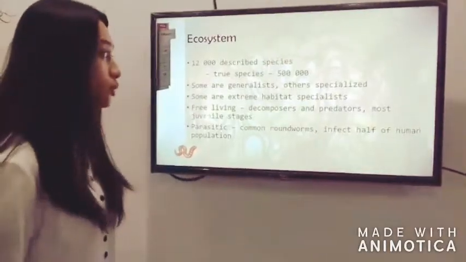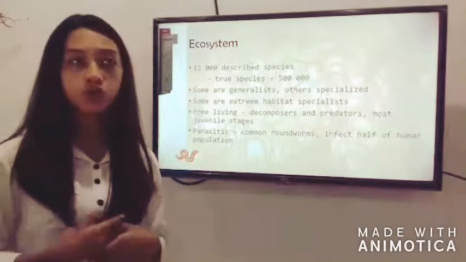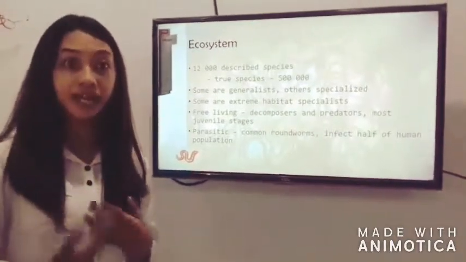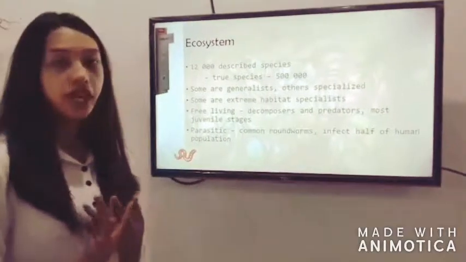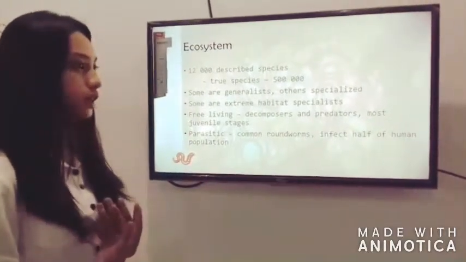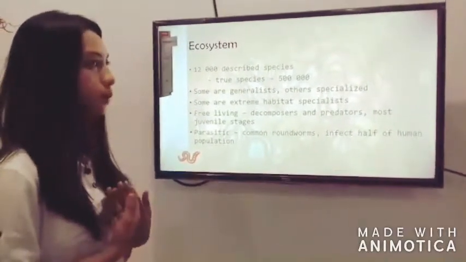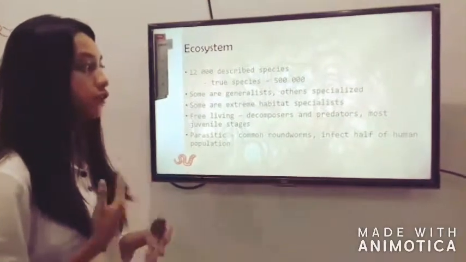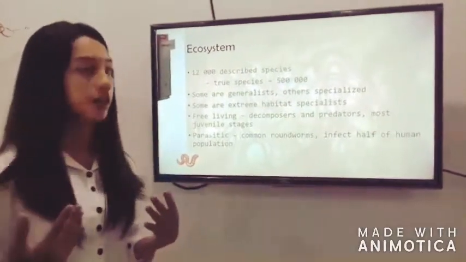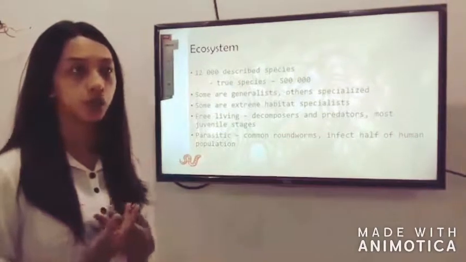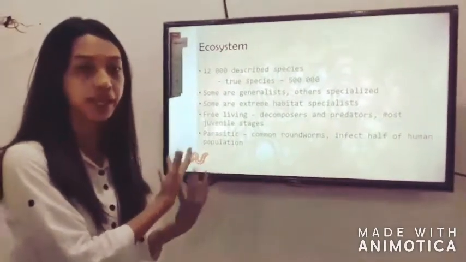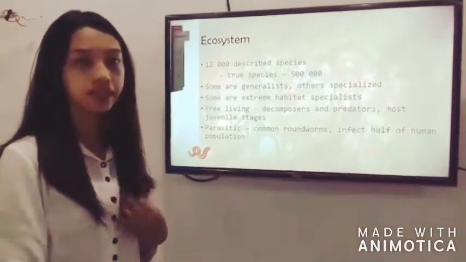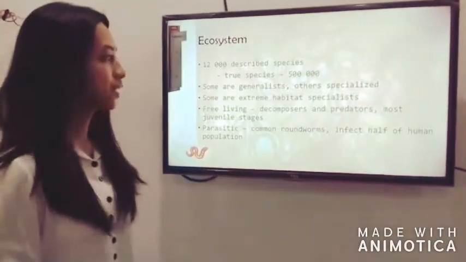For the ecosystem of nematodes, they are the most numerically abundant animals, and there are 12,000 described species, but actually there are 500,000 species, which includes the 12,000 described species and the others that are still not described.